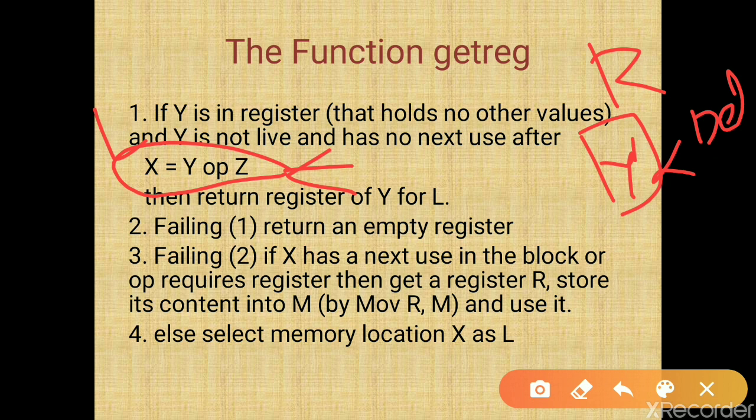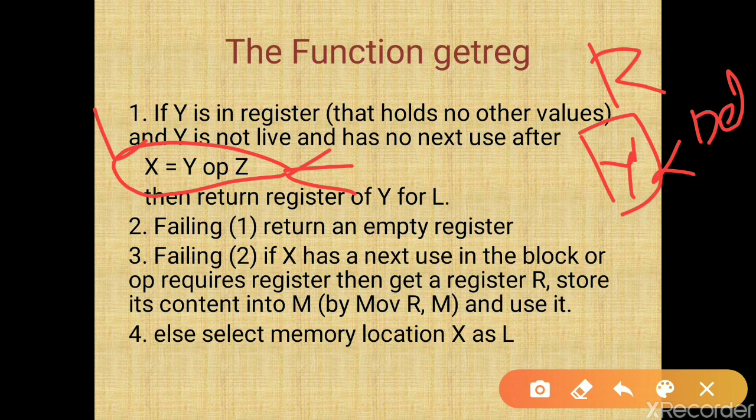L is the address descriptor, right? So it will be returned back to the address descriptor. Okay. And if it is failing, that means that particular action is failed, then what will happen?